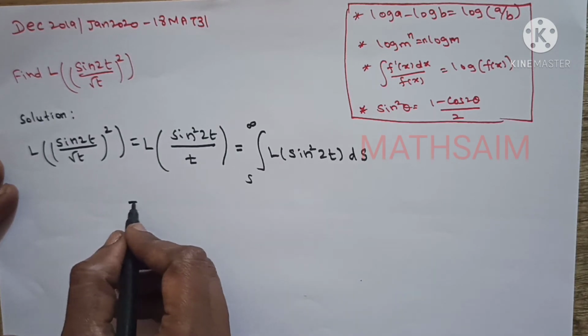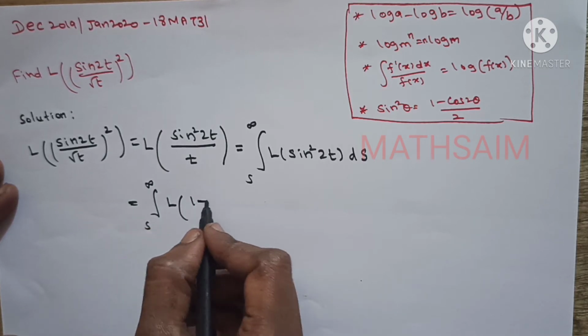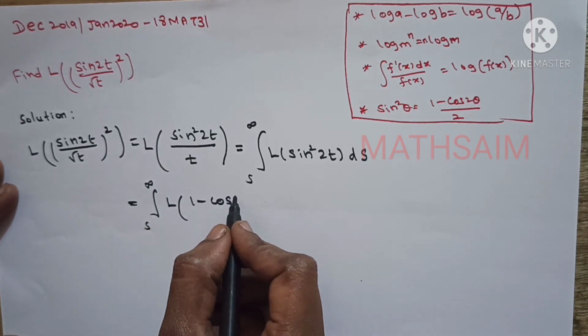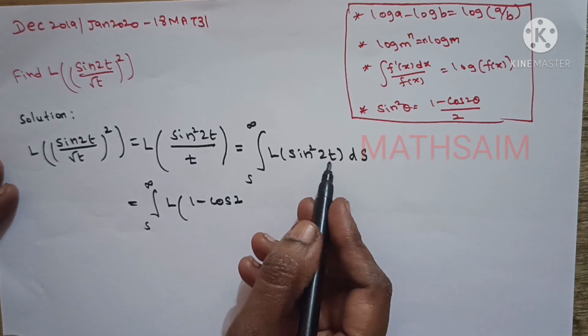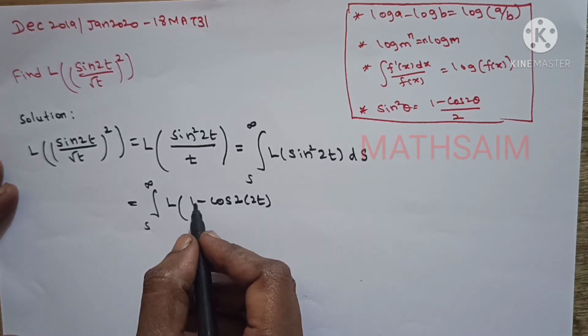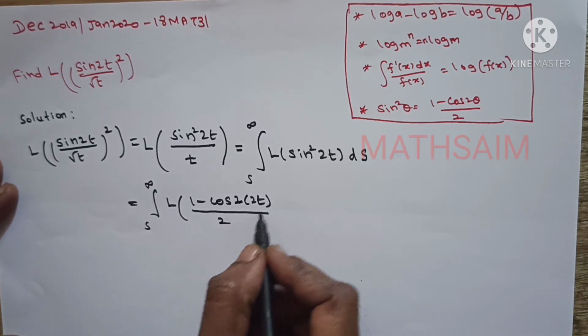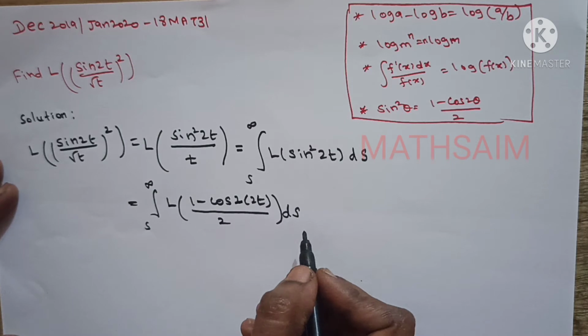So now this is equal to integral s to infinity L of (1 minus cos 2 theta) by 2. In the place of theta what are you having? It is 2t. So it is 1 minus cos 2 into 2t, whole divided by 2, into ds.